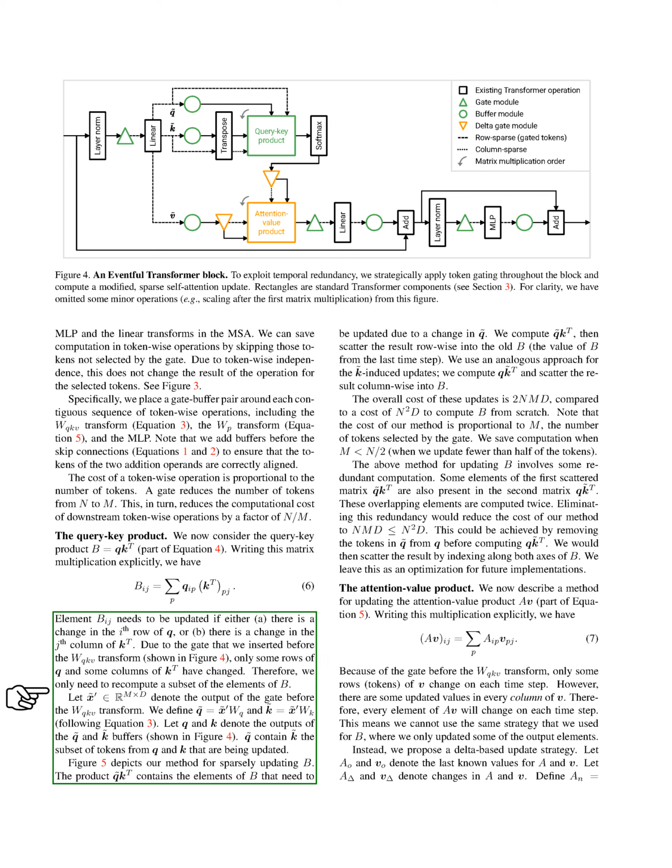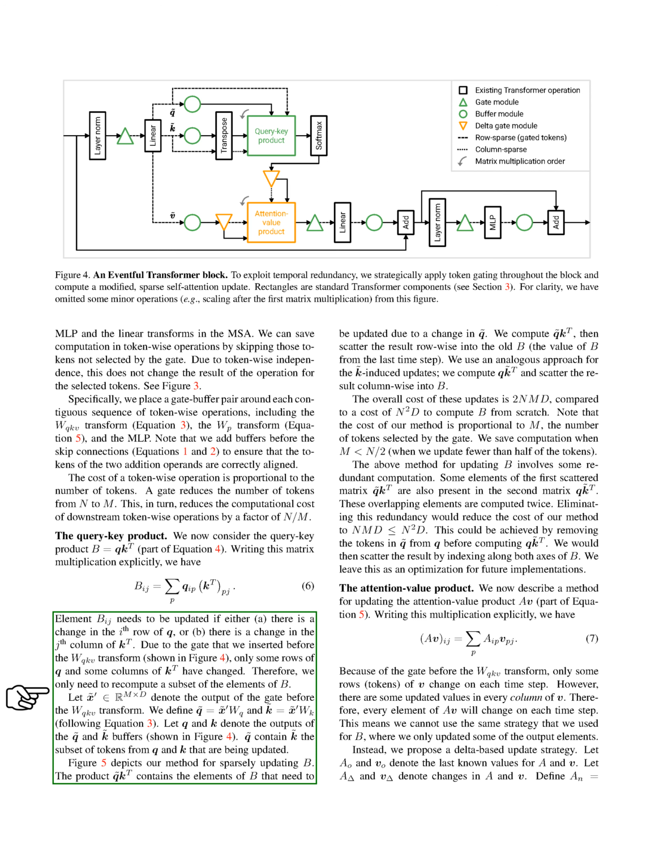An element B_ij needs to be updated if there is a change in the i-th row of Q, or if there is a change in the j-th column of K^T. Because of the gate that we inserted before the W_QKV transformation, only some rows of Q and some columns of K^T have changed. Therefore, we only need to recompute a subset of the elements of B.